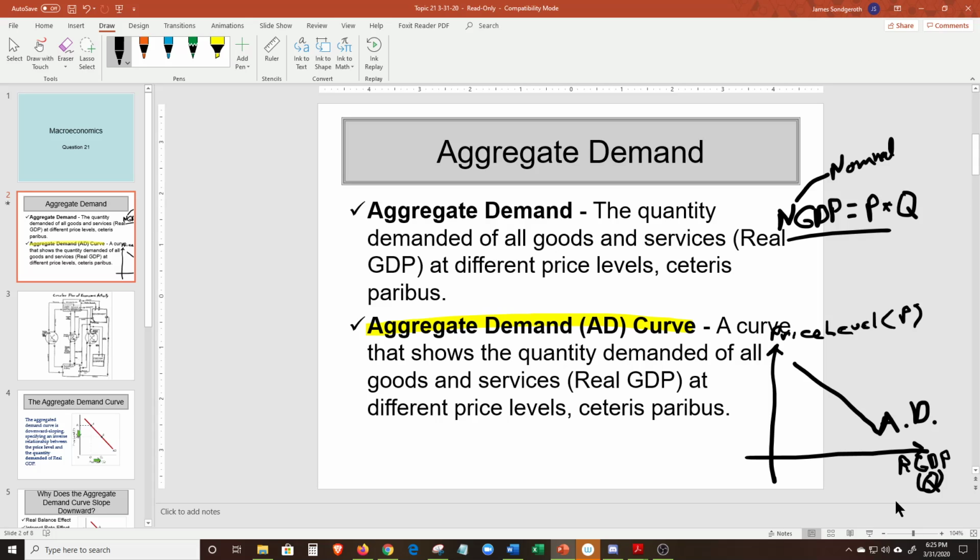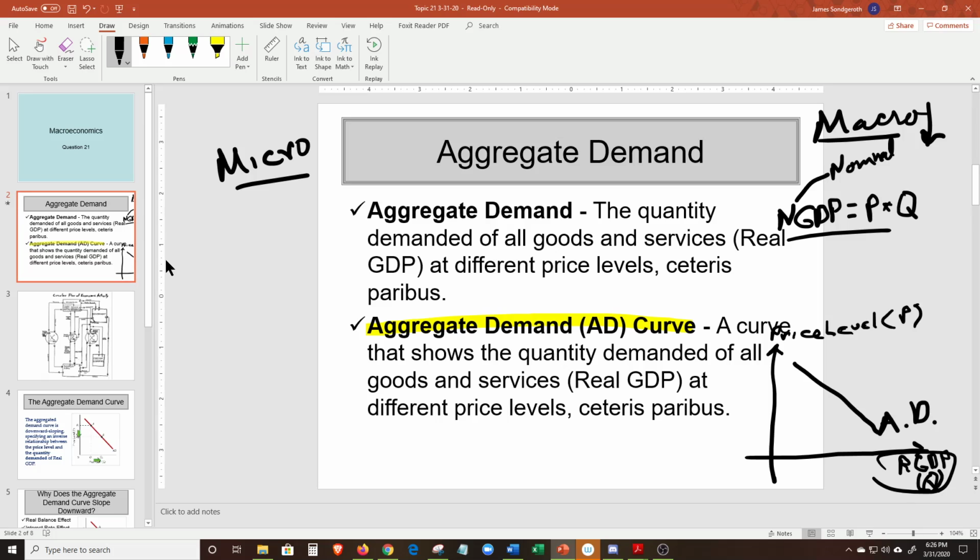Though it is interesting to note also that, let's just say below here is macro. I'm talking macro here. Over here we talk micro, right? And in micro, it's not real GDP.